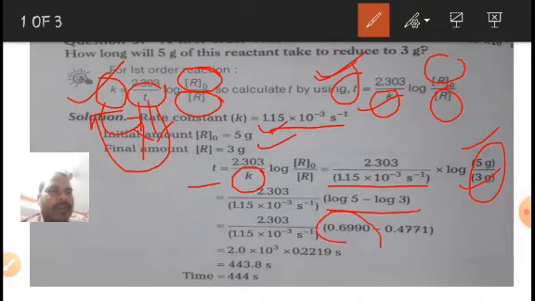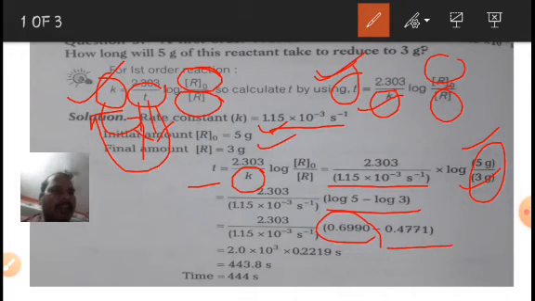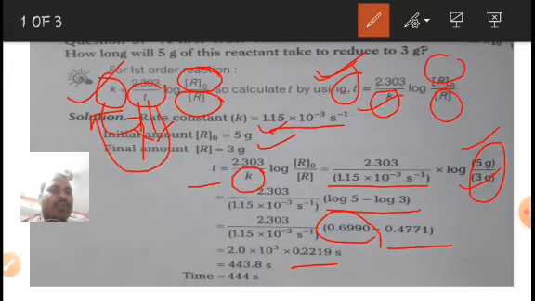Log 5 value is 0.6990 and log 3 value is 0.4771. By subtracting that we get 0.2219.